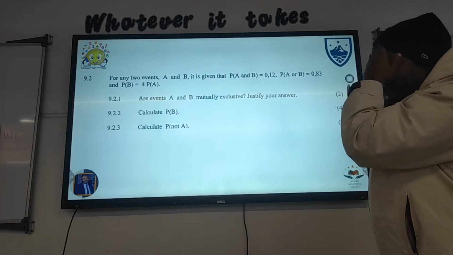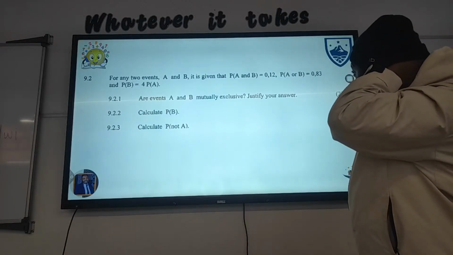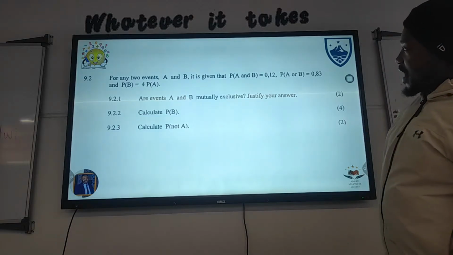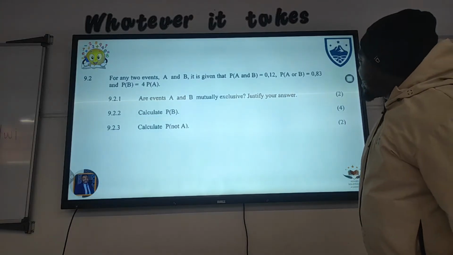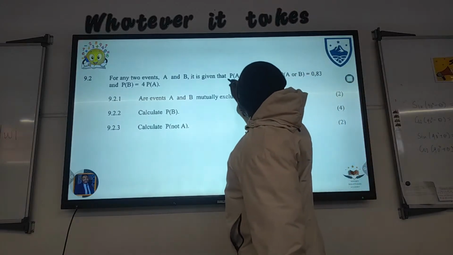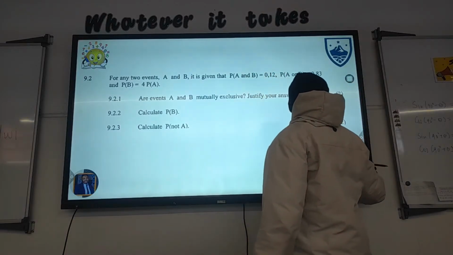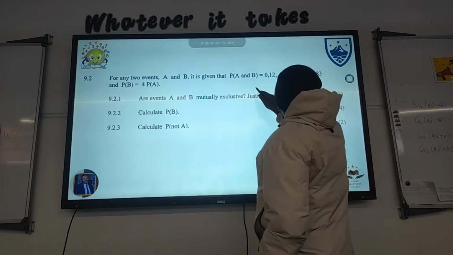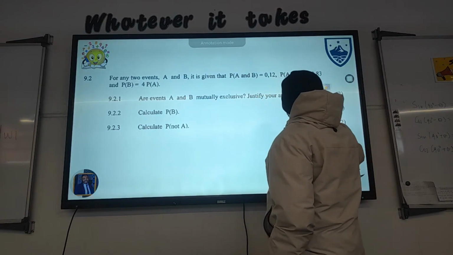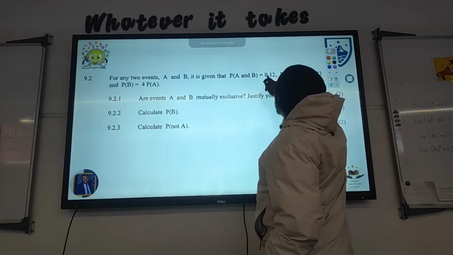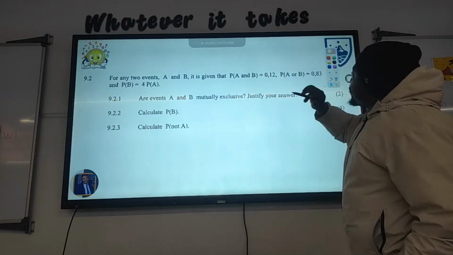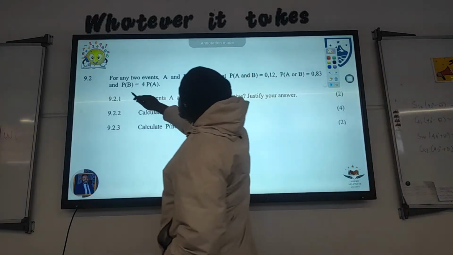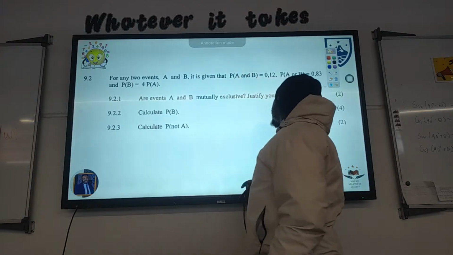Let's look at a question from one of the previous question papers. It says for any two events, A and B, it is given that P(A and B) is equal to 0, and P(A or B) is equal to 0.83, and P(B) is equal to 4P(A). Then we have a formula.